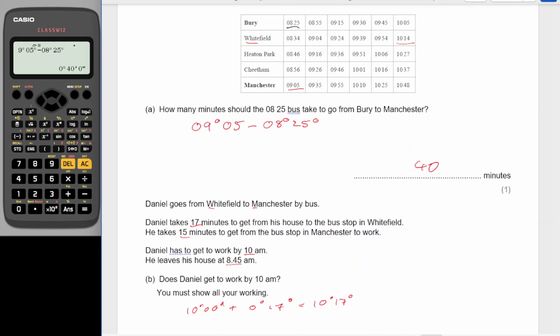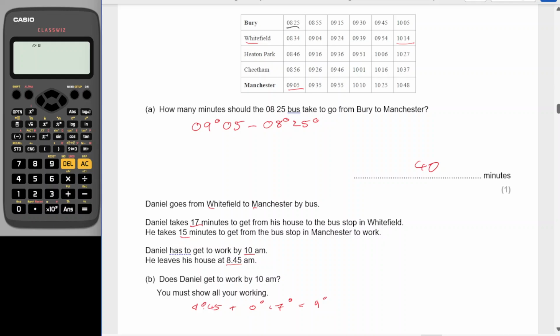So no, he won't. So I've misread completely. He leaves his house at 8:45. I thought that was quite a late time to get on the bus. So I should have done that right at the start. Oh no, I didn't type it in on my calculator.